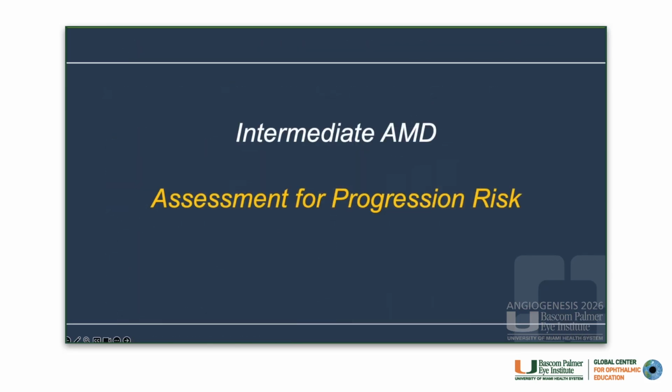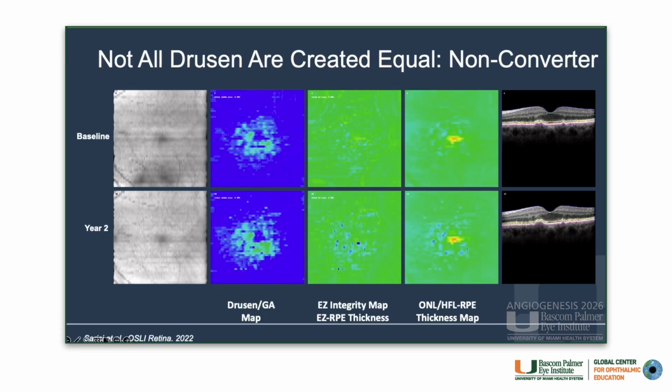What about intermediate AMD? Well, we know from multiple trials now that ellipsoid zone loss appears to play a critical role in progression risk. Just as some examples here, it really appears that not all drusen are created equal and may have a differential effect on the photoreceptors.